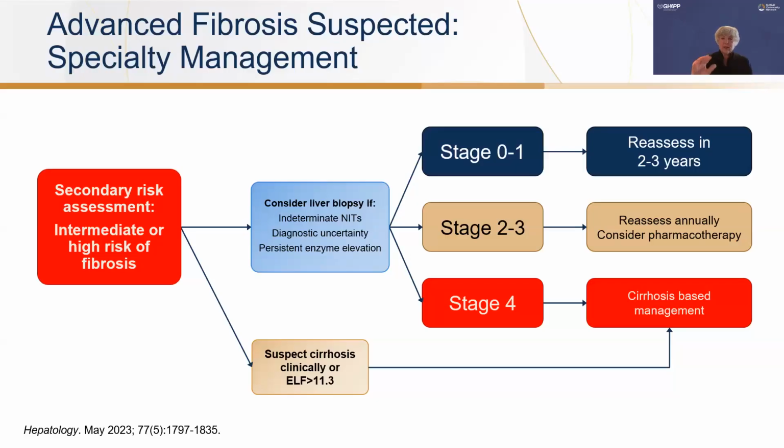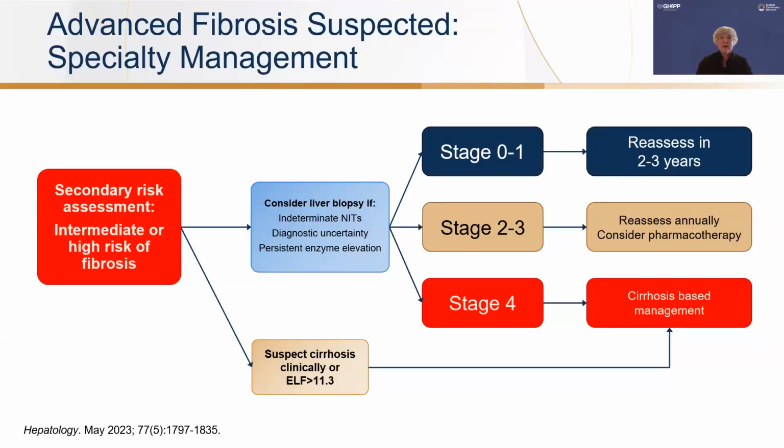What I really want to say, the big takeaway from this slide, is catching patients in that F2 to F3 range. Because when we do that, we can actually change the trajectory of their illness. Then this is a reassessment annually, and maybe we even look at some pharmacotherapy.